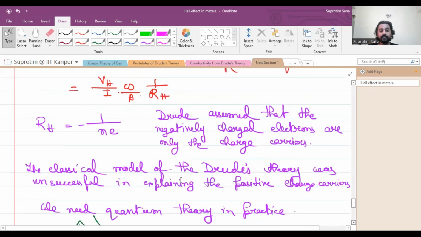I also said that for positive charge carriers, the Hall coefficient will be 1 over n e, positive, but for electrons, it's minus 1 over n e.